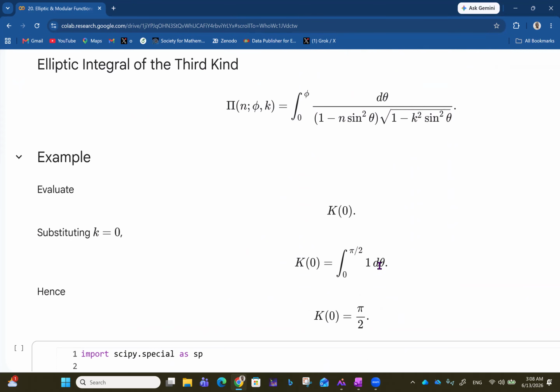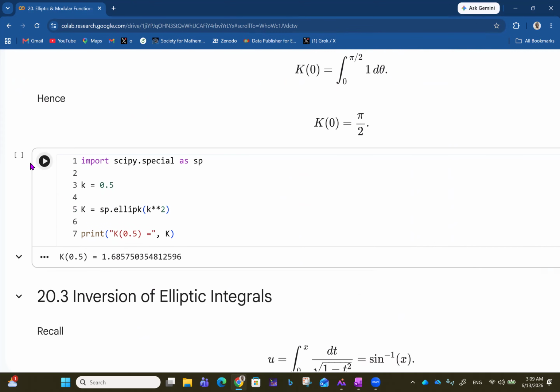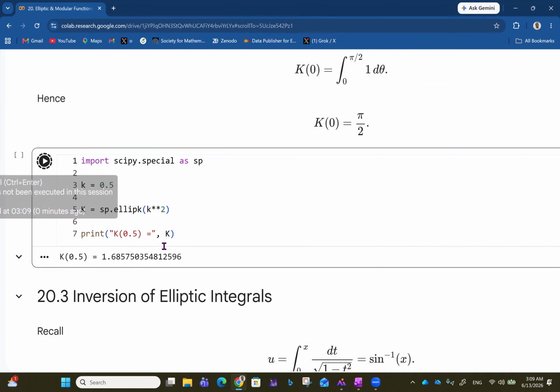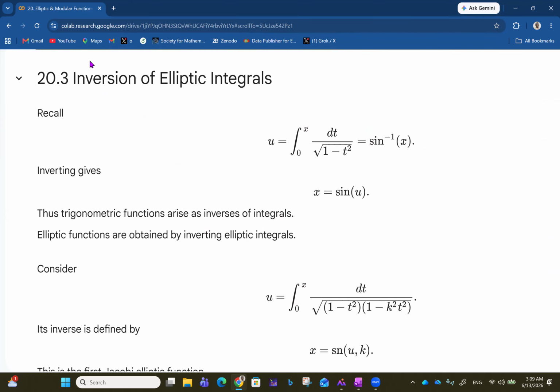At the end of the day, you're just going to have pi over 2, which is simply about 3.142 divided by 2. And then K of 0.5 is about 1.68575. And then we move on to the inversion of elliptic integrals.